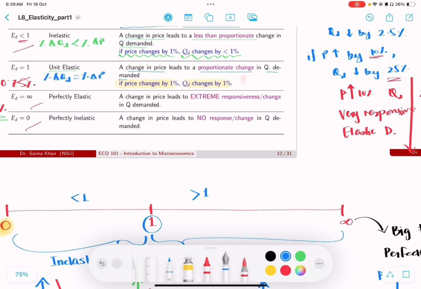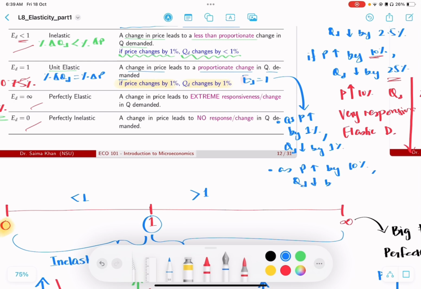It's just saying when the elasticity of demand is equal to 1, the way to interpret it is that I can say that as price increases by 1%, quantity demanded would decrease by 1%. Or as price increases by 10%, quantity demanded decreases by 10%.